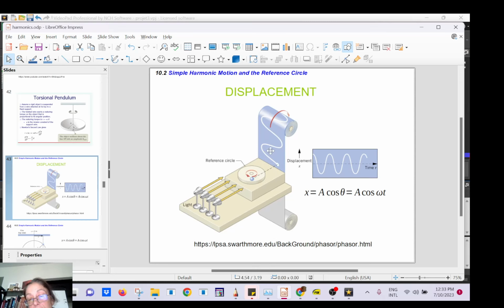What you're going to get is the x. This is the x-axis. You're going to get a cosine function here that you can write this way. A is the amplitude. Omega is the angular speed or the angular frequency. So in that case, it's going to be the same.